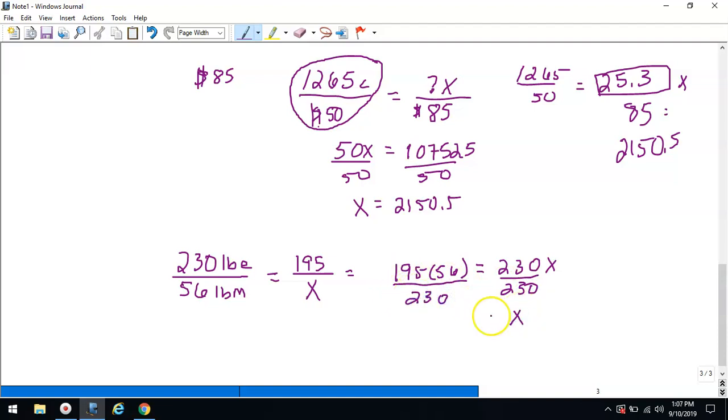And if you put all of this in the calculator, try to get this done before I can do it, you get 195 times 56, enter, divided by 230, 47.48. I rounded up, 47.48 pounds on Mars.